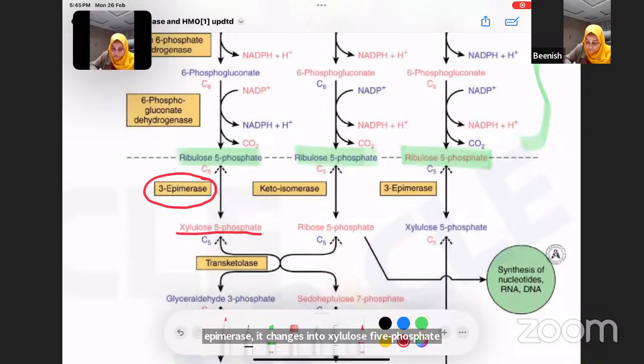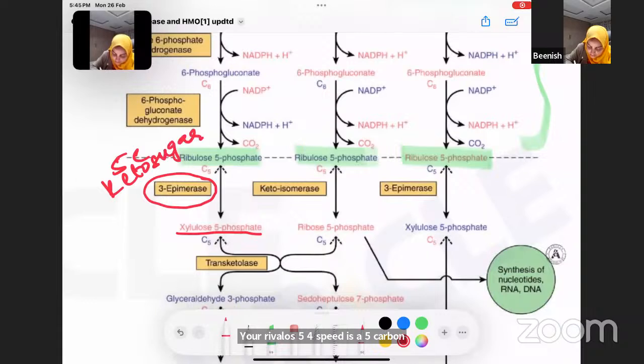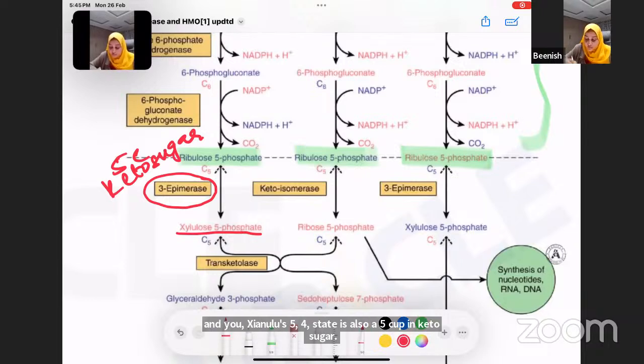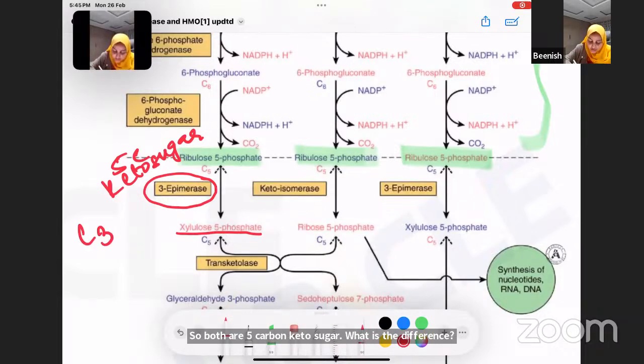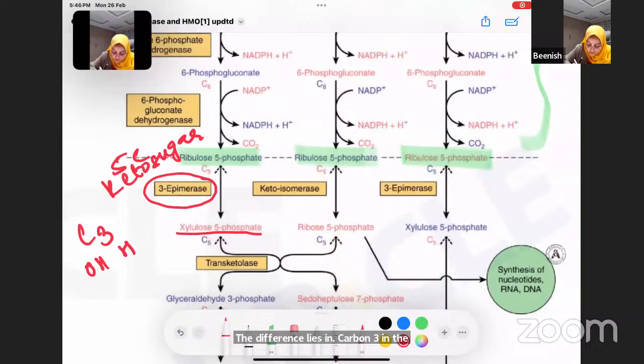Your ribulose 5-phosphate is a 5-carbon keto sugar. Okay, and your xylulose 5-phosphate is also a 5-carbon keto sugar. So both are 5-carbon keto sugars. What is the difference? The difference lies in carbon 3 in the orientation of hydroxyl and hydrogen. So these are epimers.